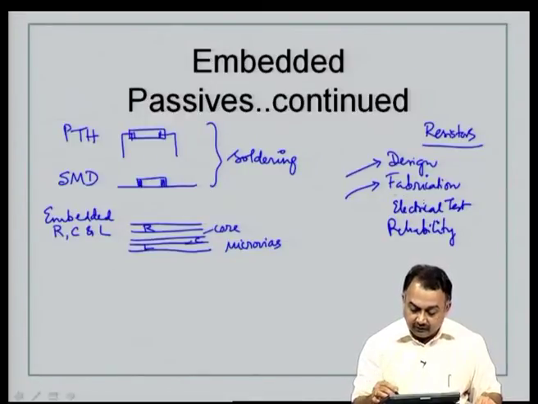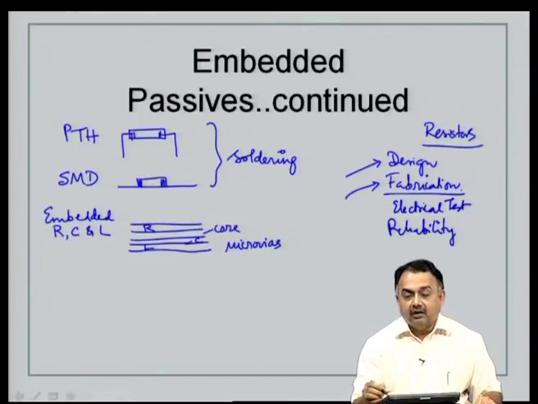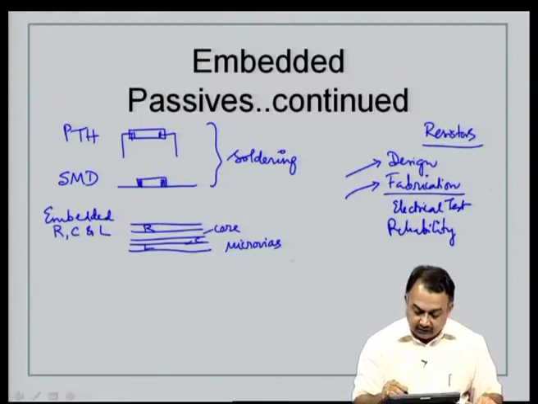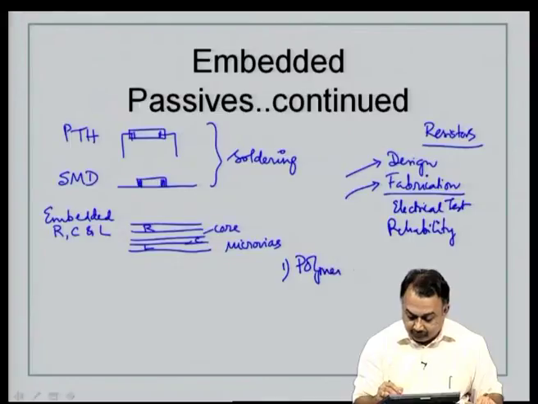So, that is what we saw in the last class, the different methods of fabrication of resistors. As you can recollect, you can fabricate resistors by polymer thick film, or PTF as you can call it.